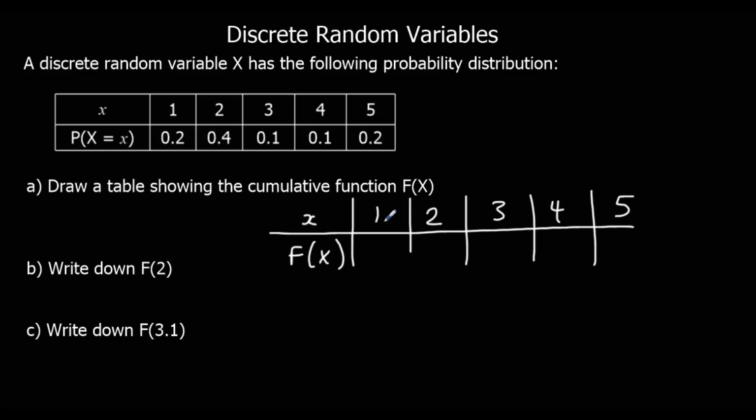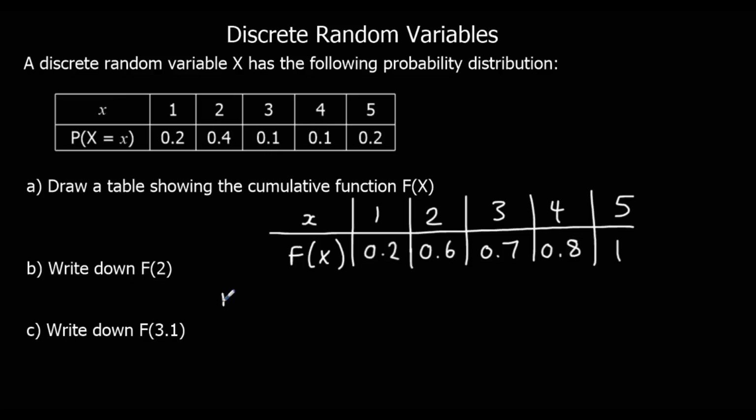So everything up to and including 1 is 0.2. Everything up to and including 2, that's 1 and 2 together, so 0.6. Everything up to and including 3 is 0.7. Everything up to and including 4 is 0.8. And the last one should be 1 whole.